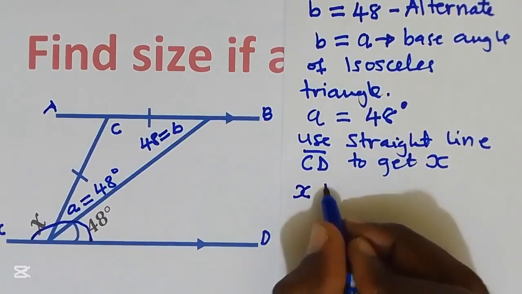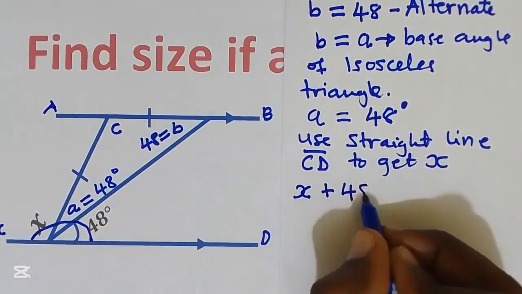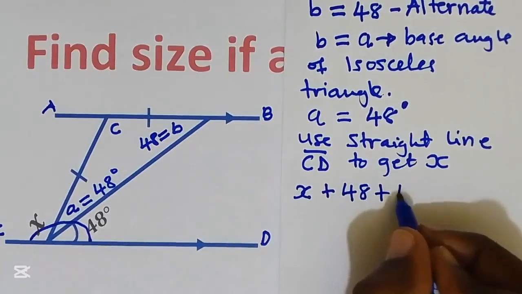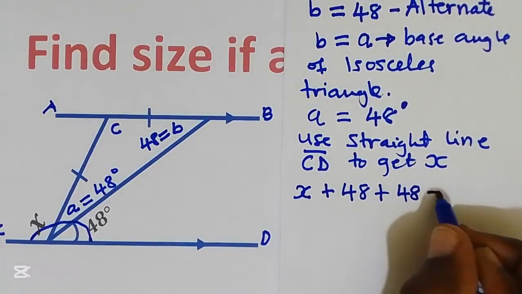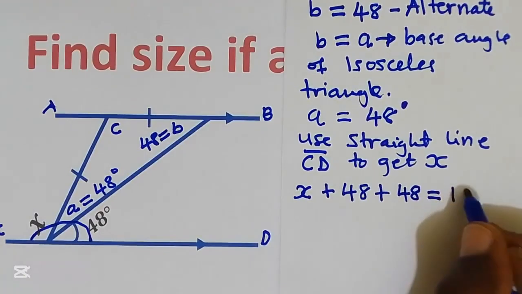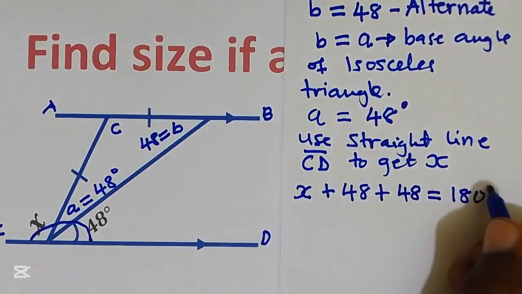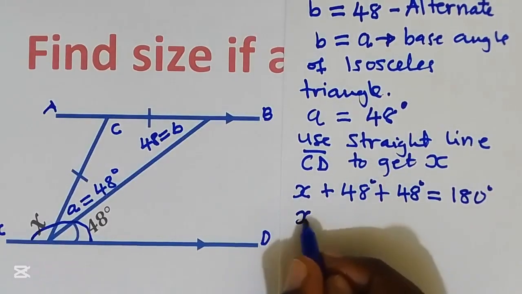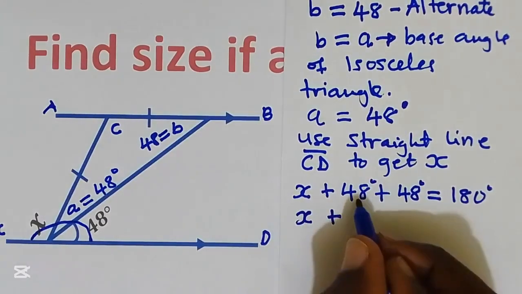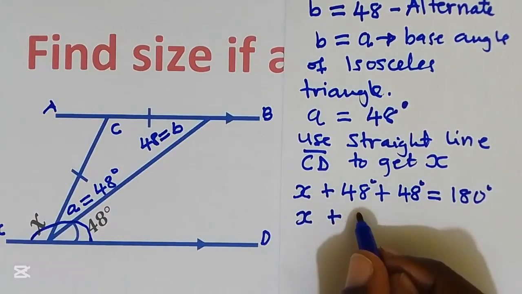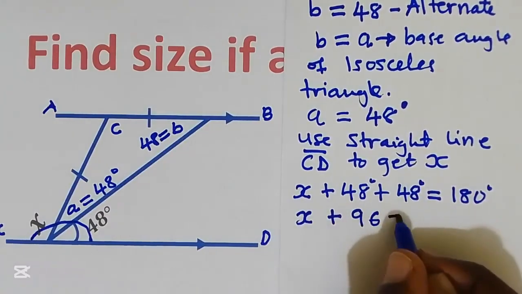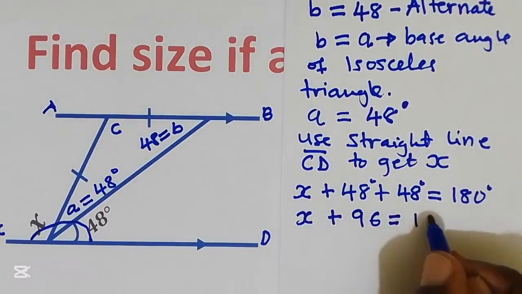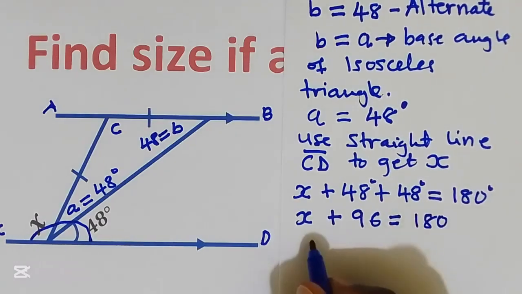X plus 48 plus 48, this gives me 180 degrees. So 48 plus 48, we get 96. This is equal to 180.